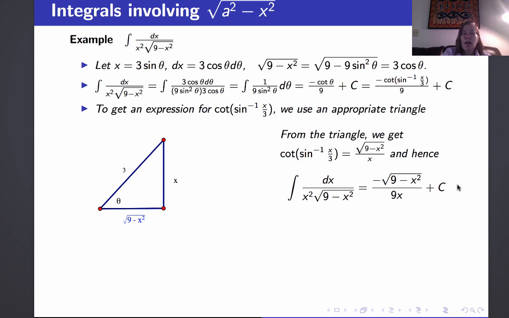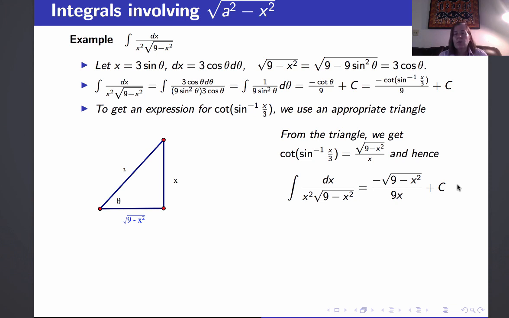So from this triangle, we can calculate the cotangent of theta, which is the cotangent of sine inverse x over 3, and the cotangent is the adjacent over the opposite, and that is equal to the square root of 9 minus x squared over x in this case. So finally we have a nice expression for our integral. It's minus the square root of 9 minus x squared over 9x plus c.